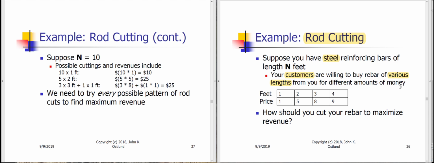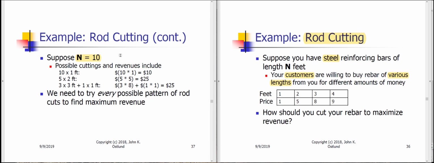And they're not willing to buy rebar that's longer than that, or rebar that's in half feet, or something like this. So you have to discover how to split your n-foot length of rebar that you got from your supplier into some combination of 1, 2, 3, or 4-foot pieces. To take a particular example, let's suppose that our supplier gives us 10-foot lengths of rebar.